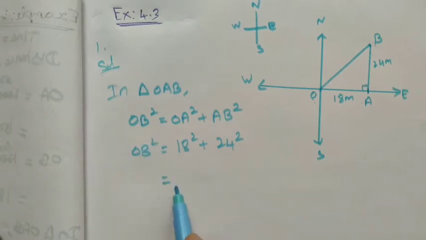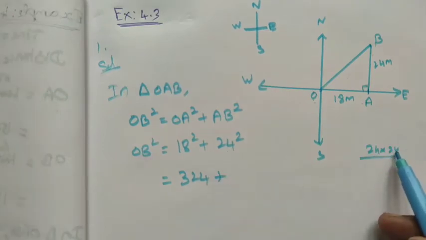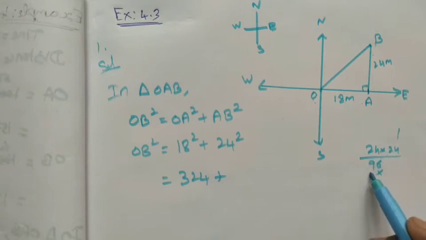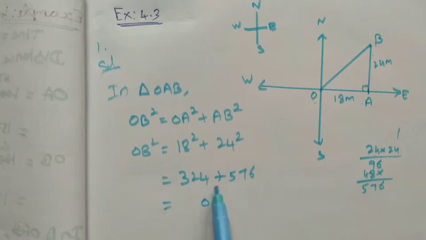Now 18 into 18 is 324. Then 24 into 24 is 576. So the sum of these terms is 900. So OB square is equal to 900.